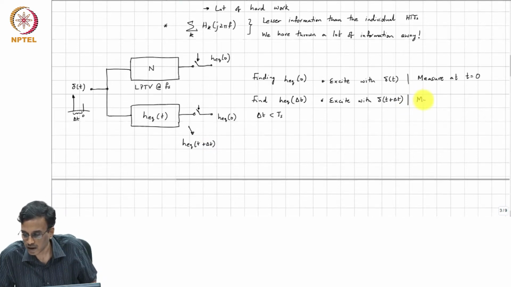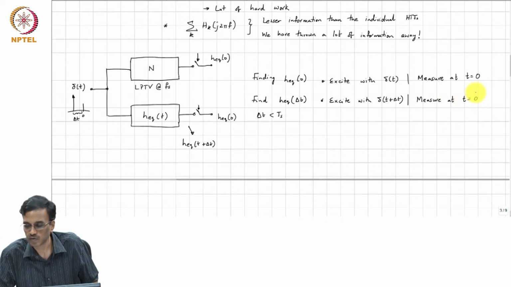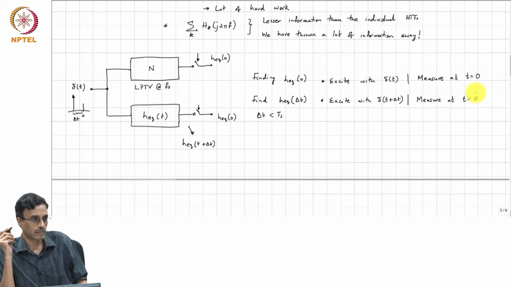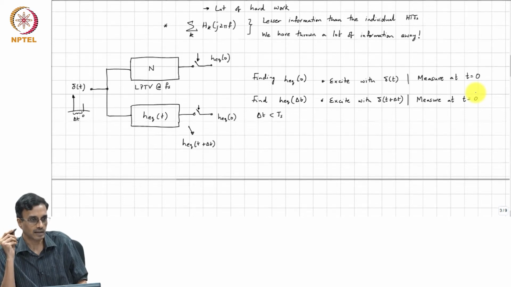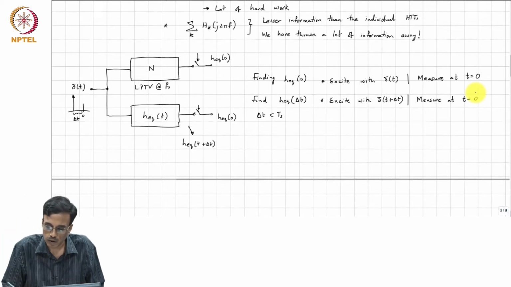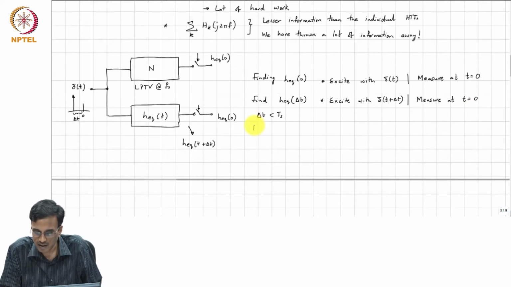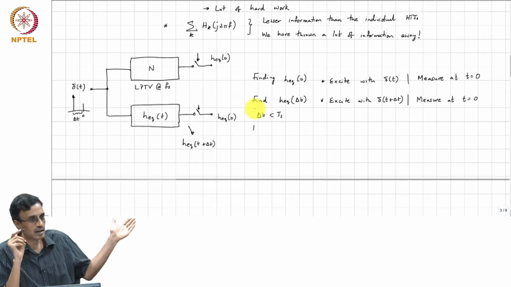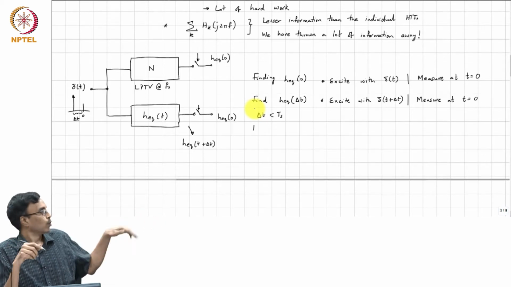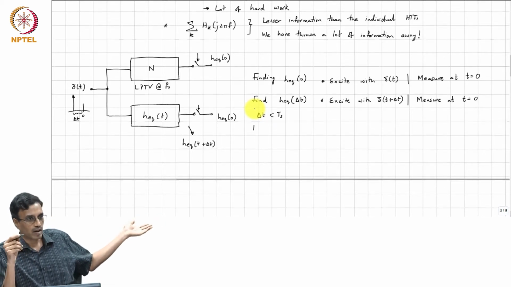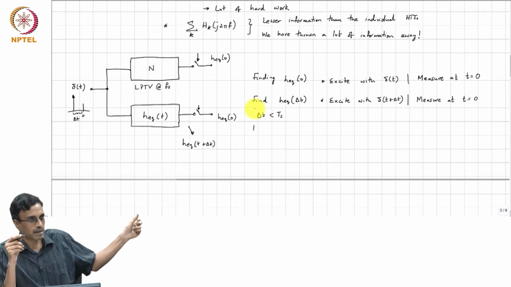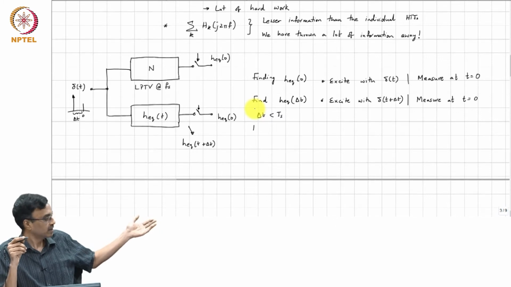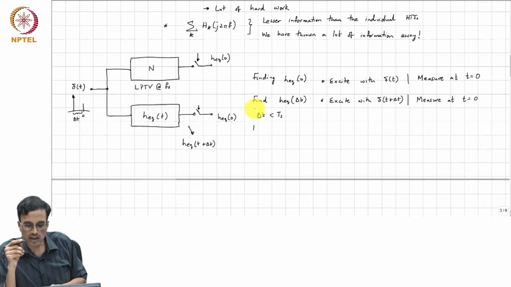So you will measure at t equal to 0. Does it make sense? All right. Now, if you want the impulse response at any amount of time, this is valid for any delta t, correct. So if you want, for instance, H equivalent of Ts, what will you do?